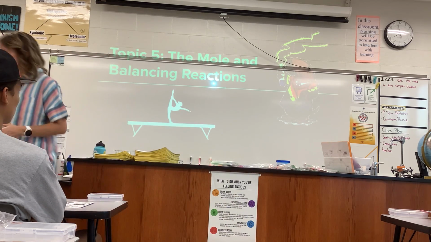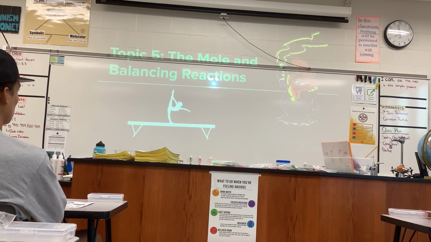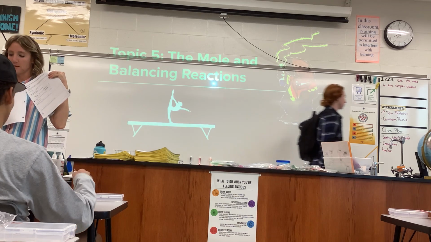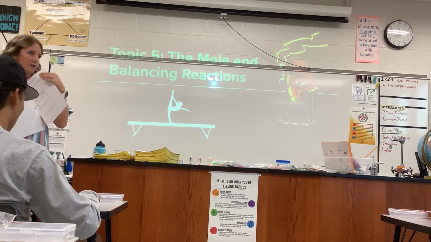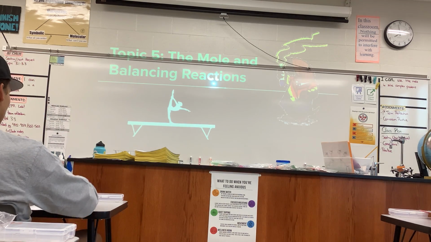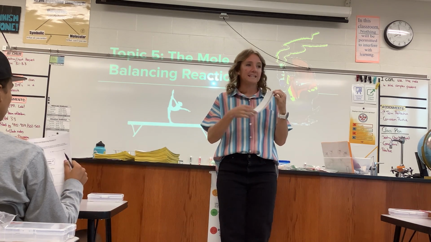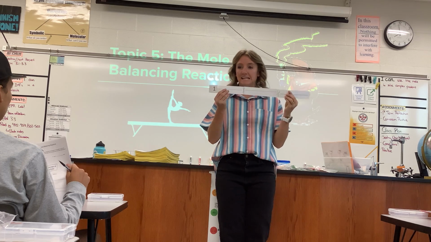For this first section of notes, something got a little mixed up in getting these copies, so you're going to do the first section just on this blank page right here. We're just going to do some practice problems with these, and I'll show you how you're going to use them in a second. This little thing is going to be your road map. It folds out depending on how many steps you need.